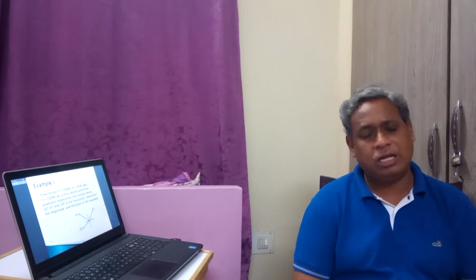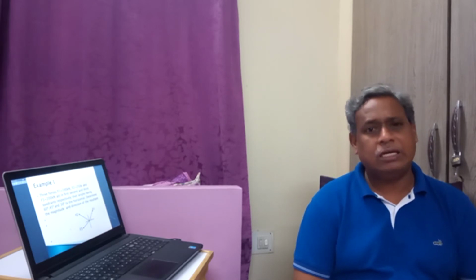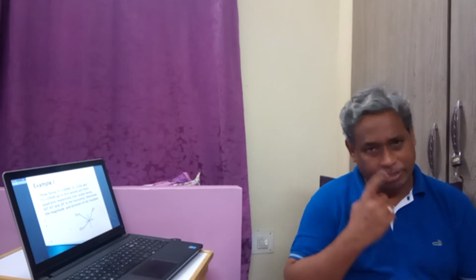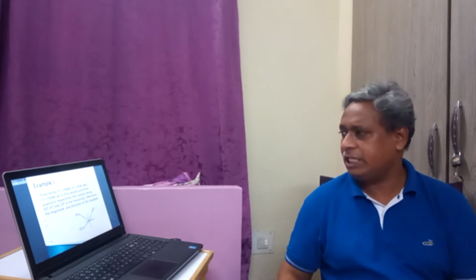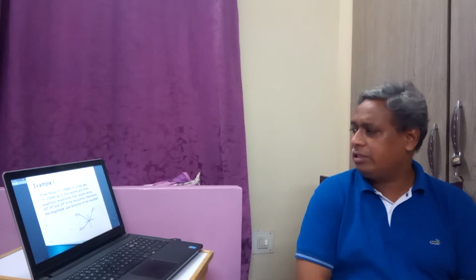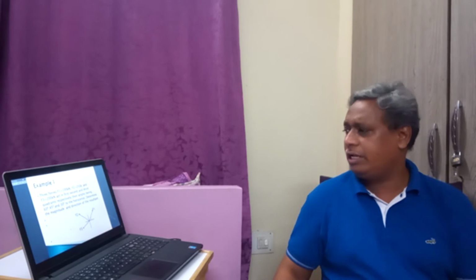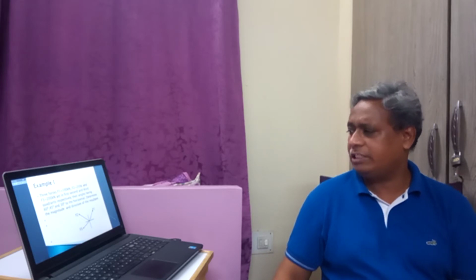The same example I have taken to illustrate what an equilibriant is. Three forces F1, F2 and F3 act in the first, second and third quadrant respectively, their angles being 60 degrees, 45 degrees, 30 degrees.